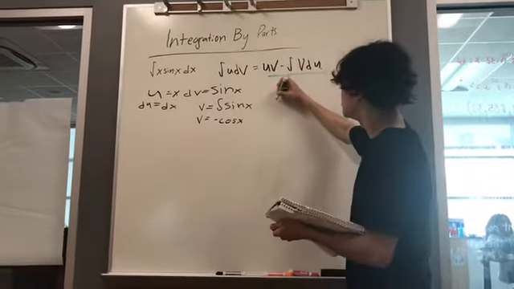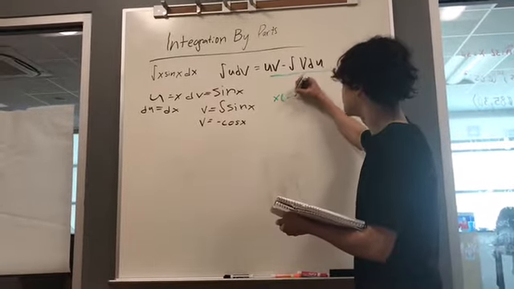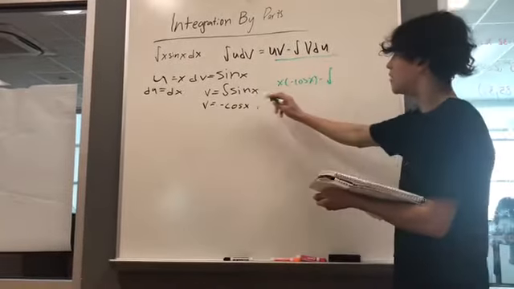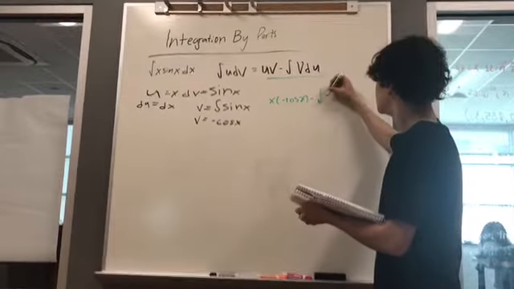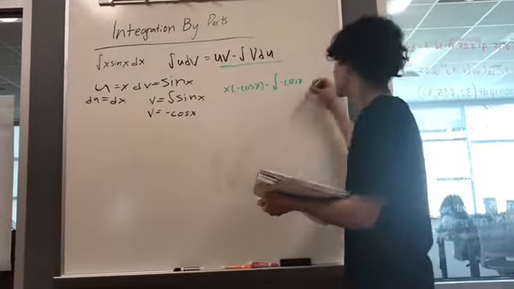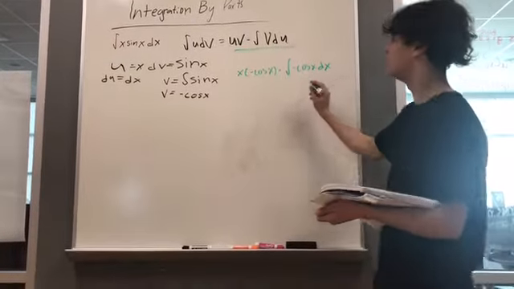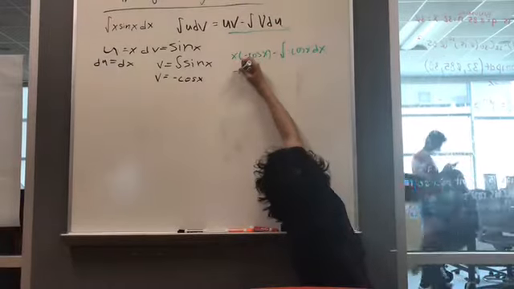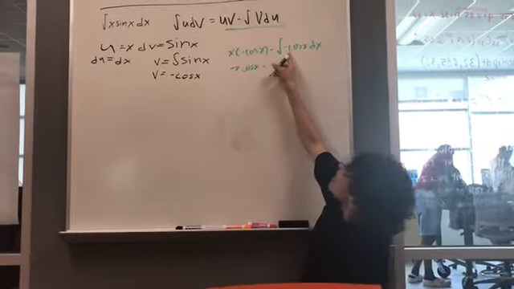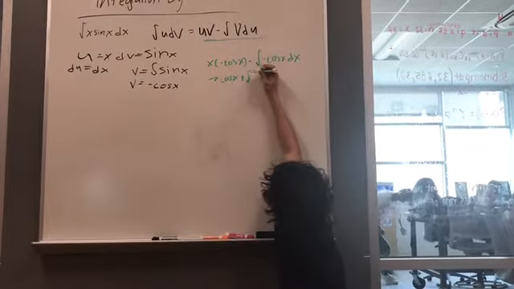We have uv, u equals x, so x times v, v is negative cosine x, minus the integral of v, negative cosine x, times du. du is dx. Let's rewrite this and make it a little bit simpler. We can take the negative sign out of the integrand, so it's going to end up being a plus sign there.